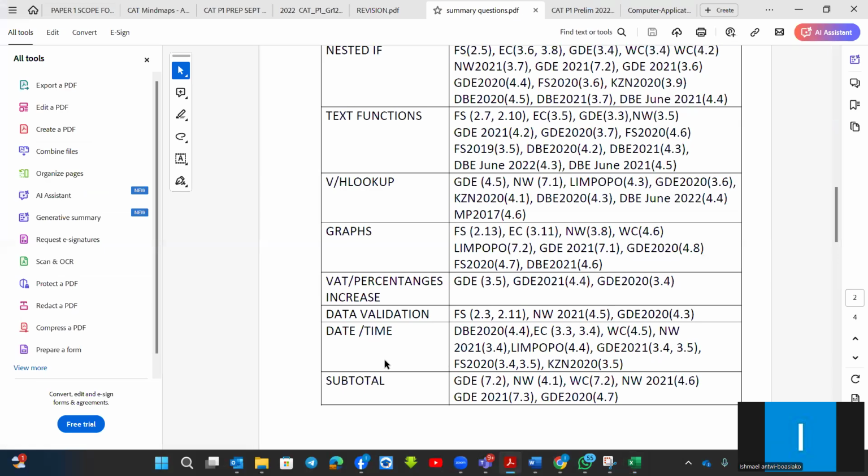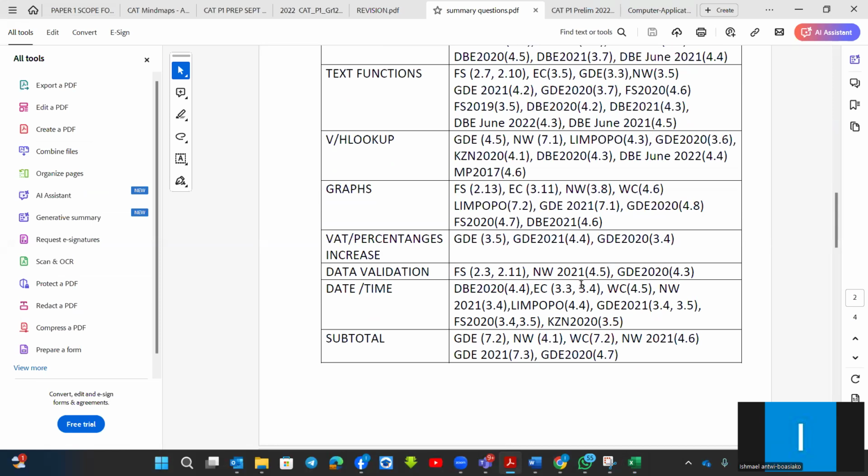Still under date and time, we also have Eastern Cape question paper 3.3 and then the 3.4.